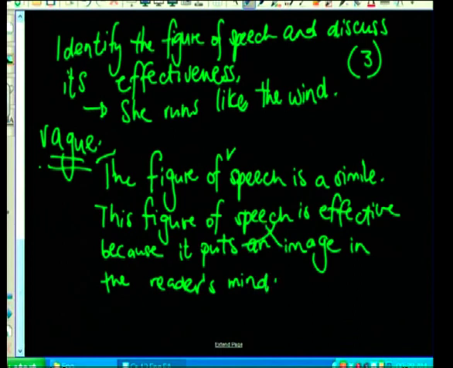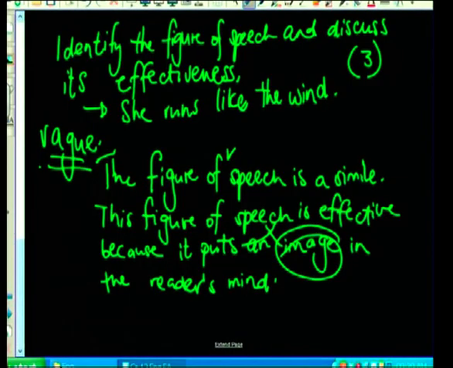Cross. Why are you getting a cross for that section? My immediate question when I read that section is, what image and how? So let's have a look at a better answer that's going to get you those marks that you want.